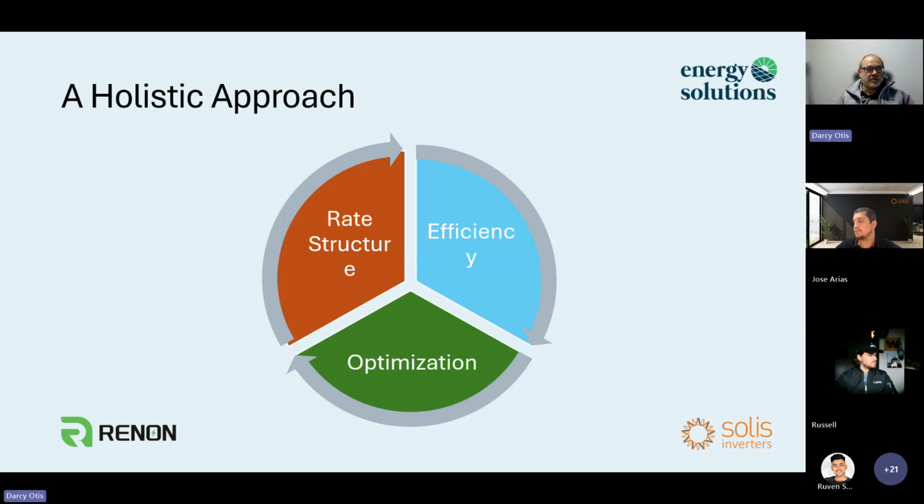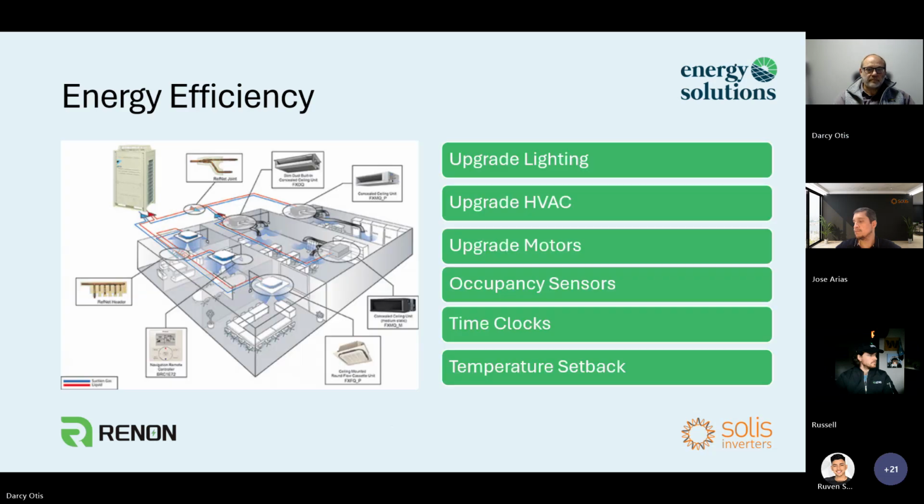So if we talk about efficiency, here are some examples of efficiency. Upgrade lighting. There have been significant improvements in lighting technology. We're at LED technology now, which is significantly more efficient than it used to be. There's still a lot of older technology out there, and usually there's a pretty quick payback.